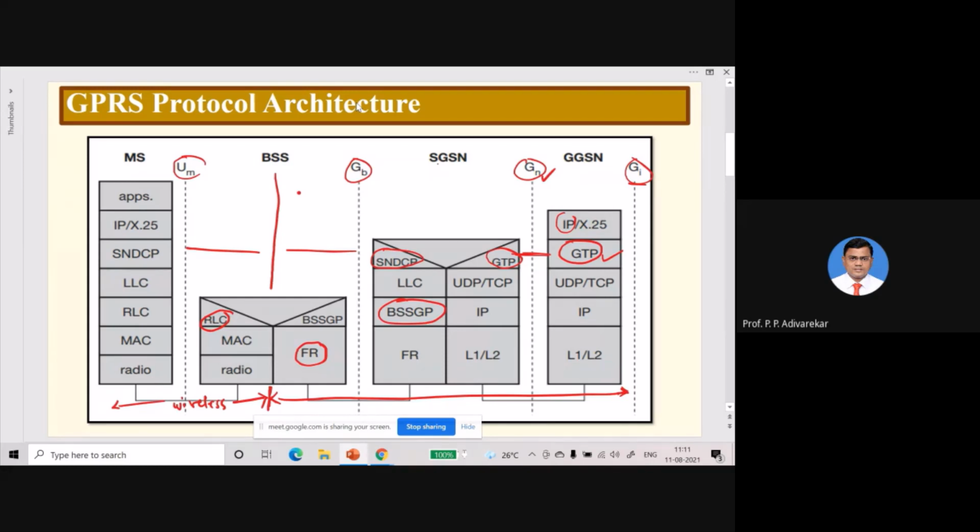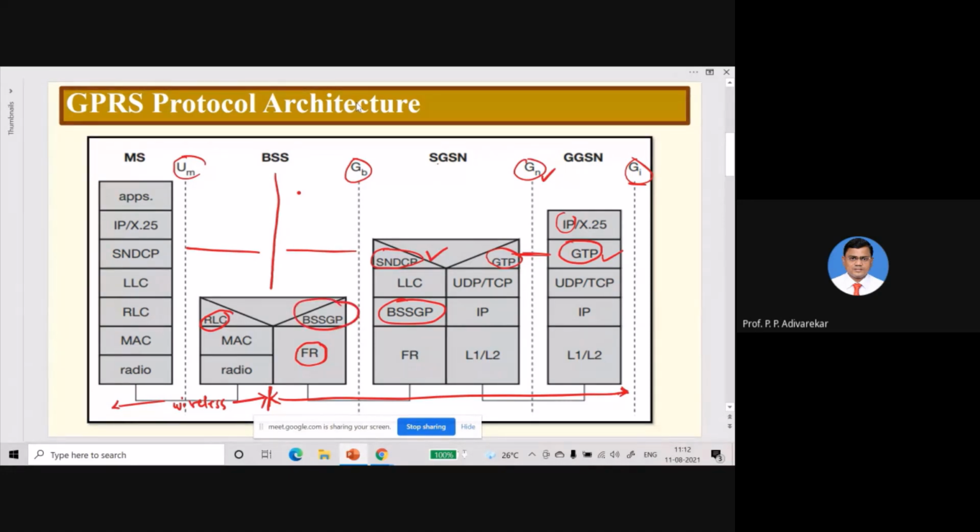So when there is a communication between SGSN and BSS, that will be wired, but BSS has to communicate through the wireless interface. So that wireless interface is also present there. So whatever data or whatever format that is followed in this particular network, that is the wired network I'm talking about, that format has to be converted here, and that conversion will be done by this SNDCP, and communicated via this BSSGP.